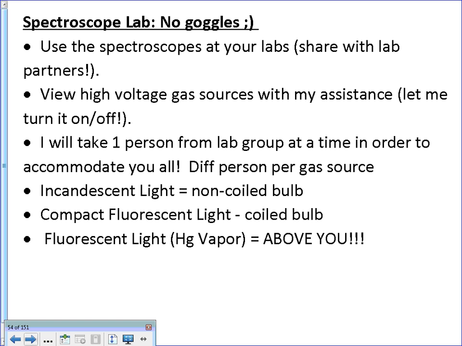That is the compact fluorescent. So this is the non-coil. That one's coil. Oh, you said violet. So they're all lines.